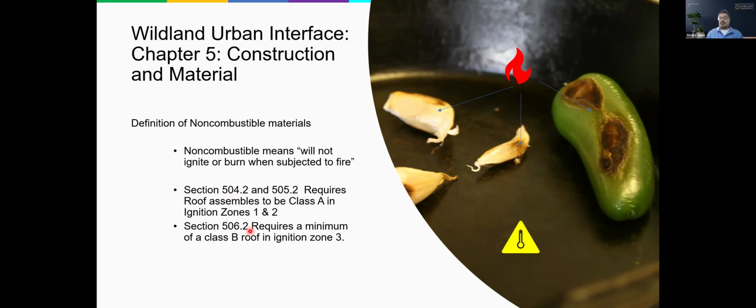Then 505 is the second or moderate tier, and then 506 is the least tier. So you're going to see that kind of happen a lot, where the more stringent requirements are going to be associated with these two, and the lesser ones are going to be associated with this one. That's just a very high level, brief thing. But you have to have a Class A roof assembly.